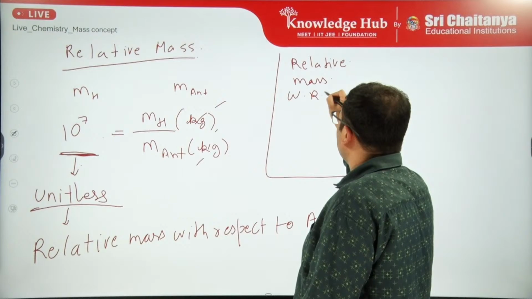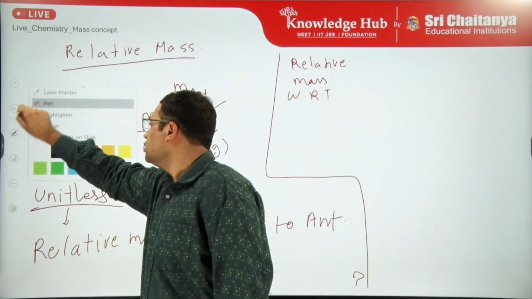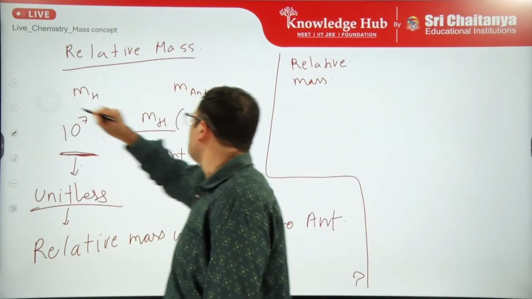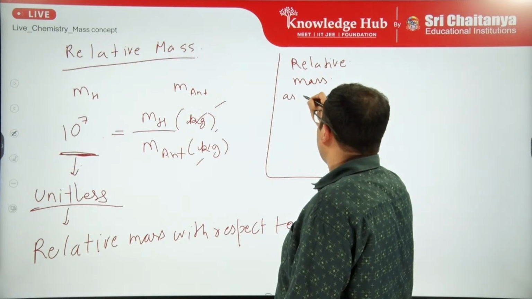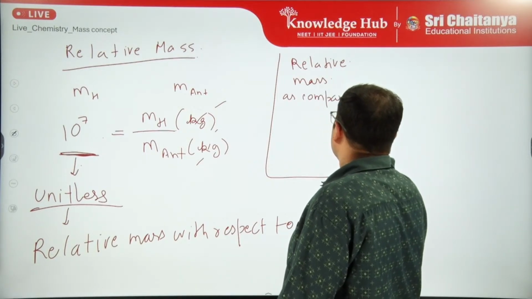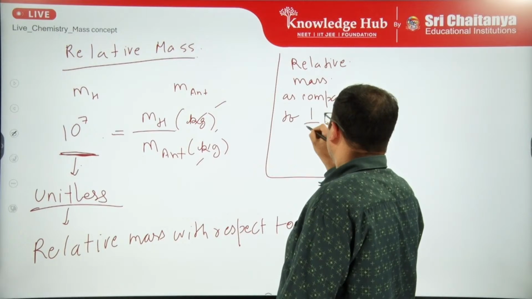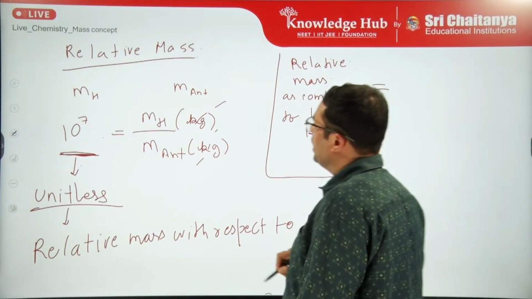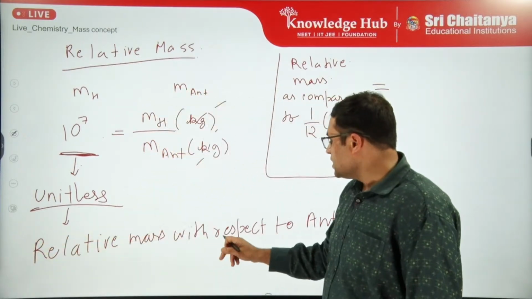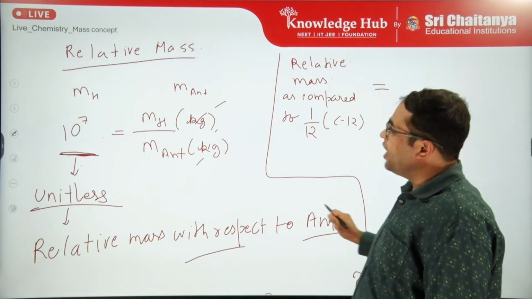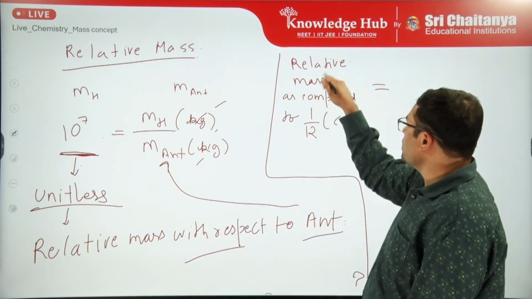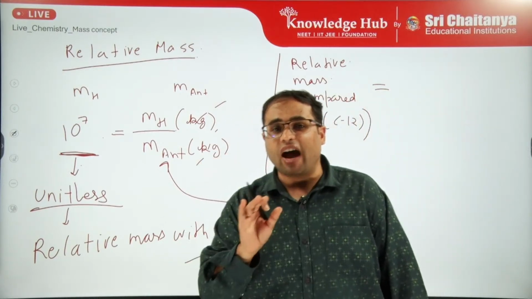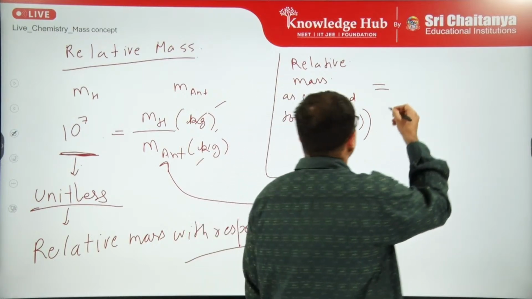See, with respect to, I am writing in short WRT, or you can write as compared to 1/12 mass of carbon 12. How do we do that? See, this was mass with respect to ant, so we divided by the mass of the ant. Now this is the mass as compared to 1/12 of carbon 12, so here also you are going to divide by 1/12 the mass of carbon 12.